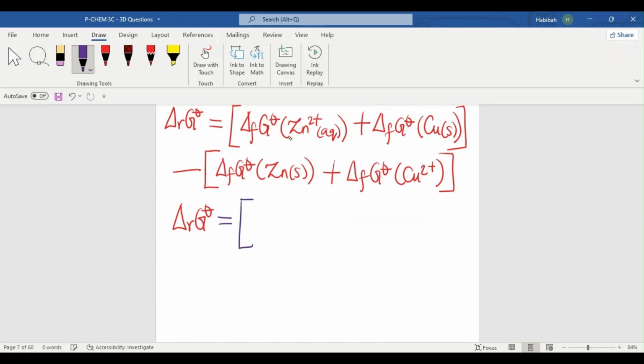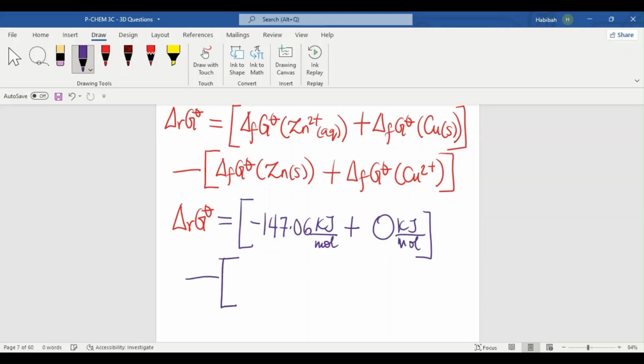The Gibbs energy of formation for Zn2+, according to the resource section of the textbook that I showed you earlier in the video, is negative 147.06 kilojoule per mole, plus the Gibbs energy of formation for copper solid, which is 0 kilojoule per mole, or you can just say 0. All of that minus the Gibbs energy of formation for zinc solid, which is just going to be 0.